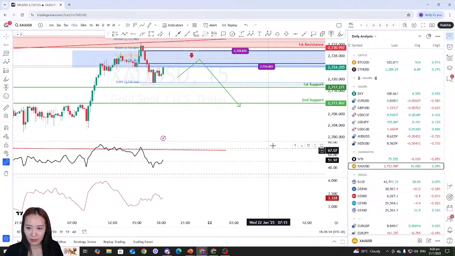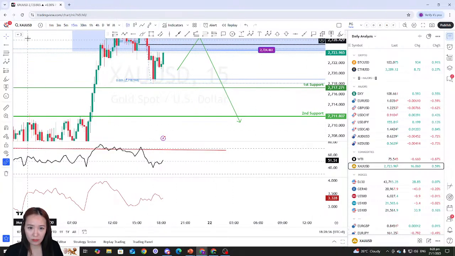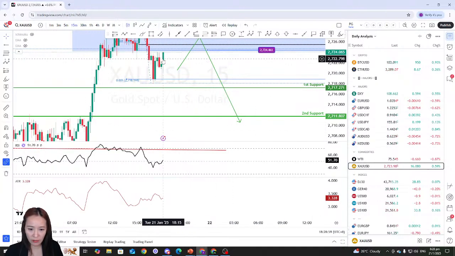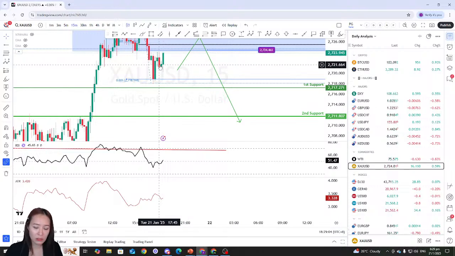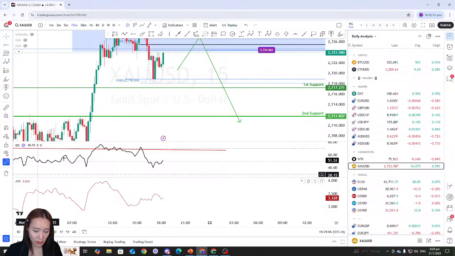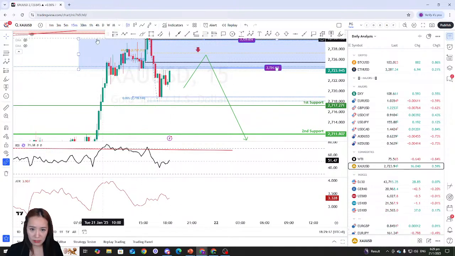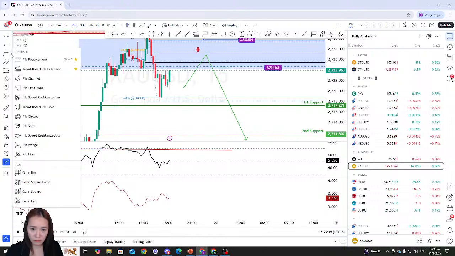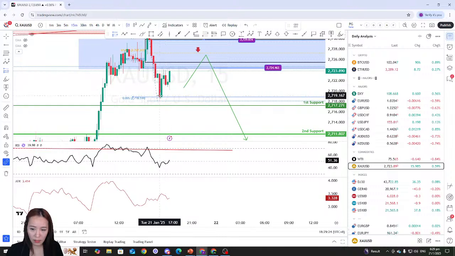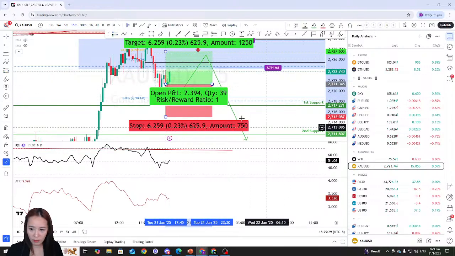Based on M15, you hover over here, you will see that your ATR is about 3.32, right? About 3.3 or 3.4. Let's say you buy over here, somewhere around here, for example.